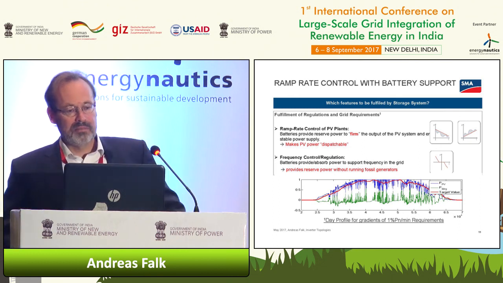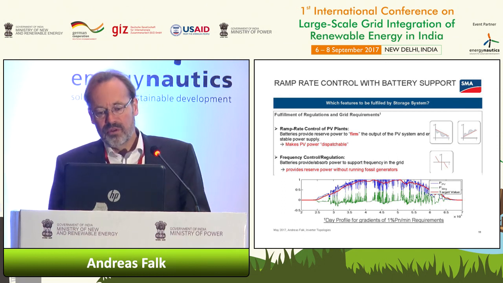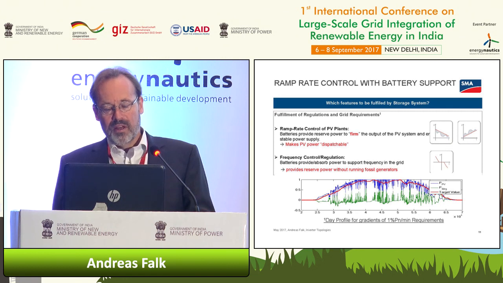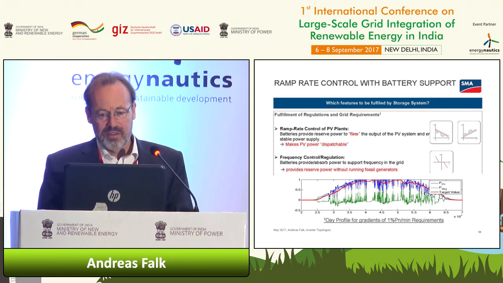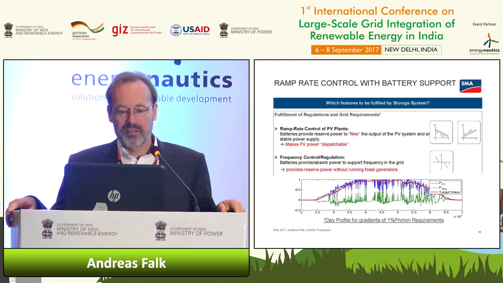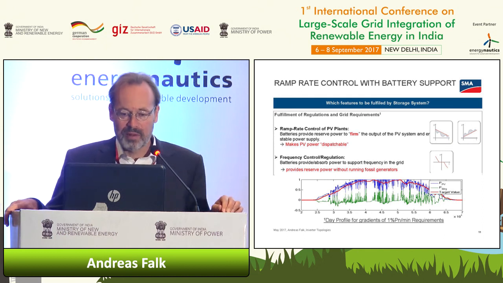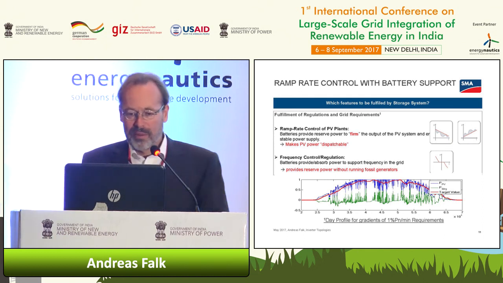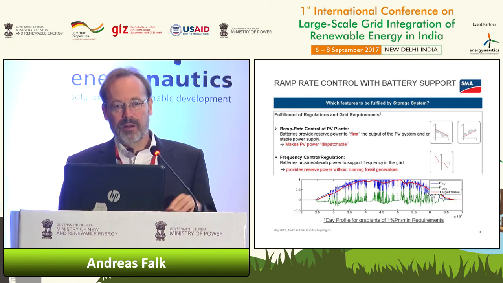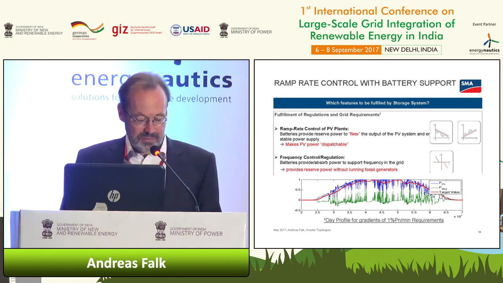And that makes sense mainly in small grids, isolated grids, where you would like to have time to start other resources like diesel engines or others to cover the load in case the PV goes down, or stop the diesel engine in case PV goes up. So that ramp rate control normally makes sense not in big grids, but in small grids.